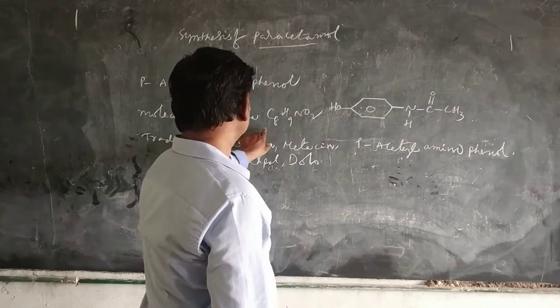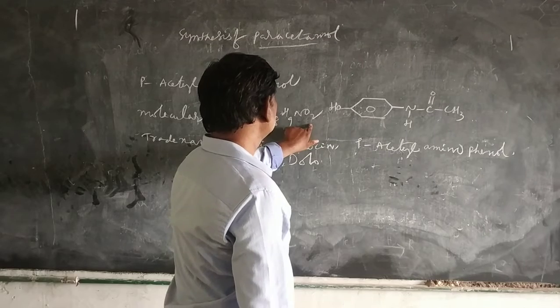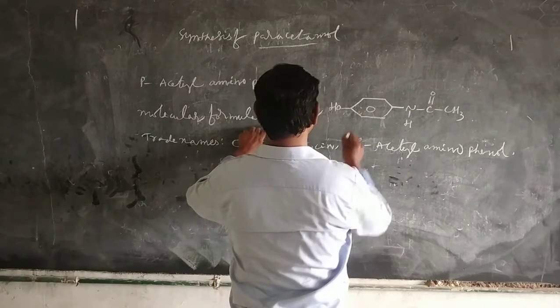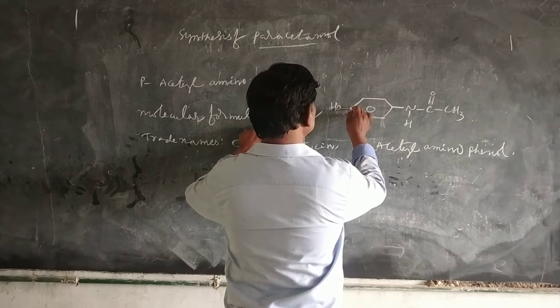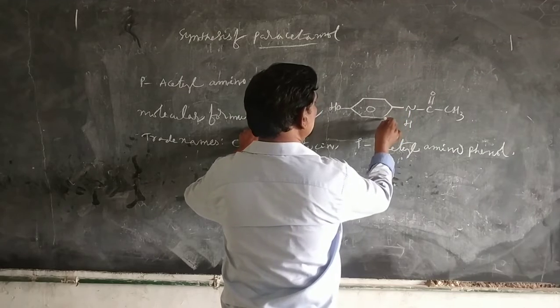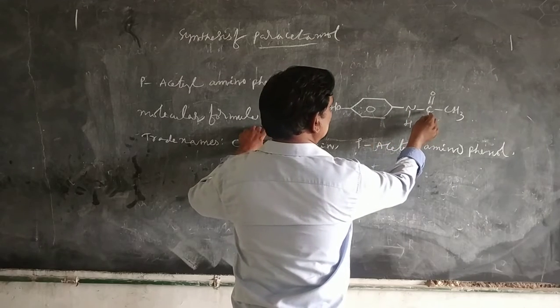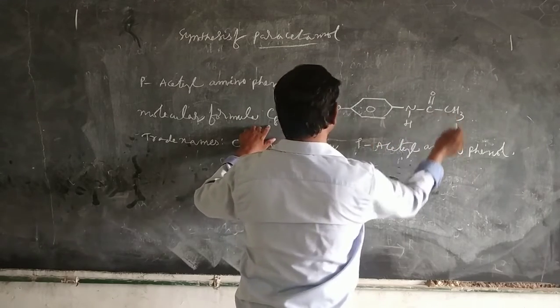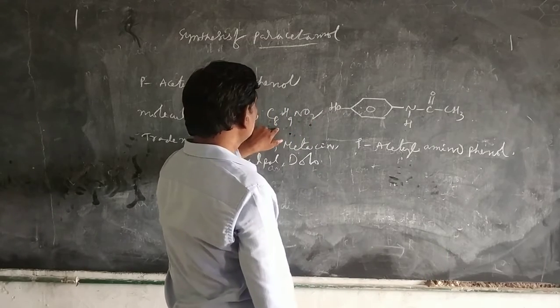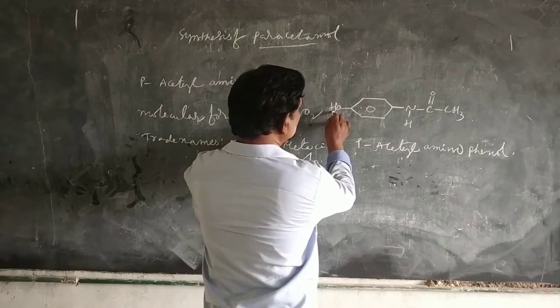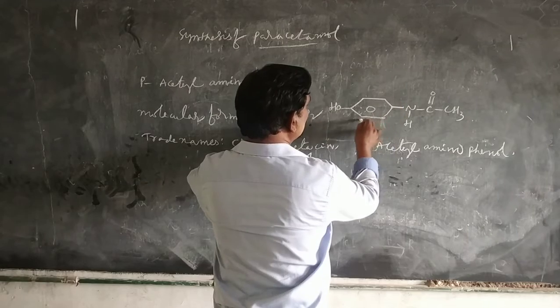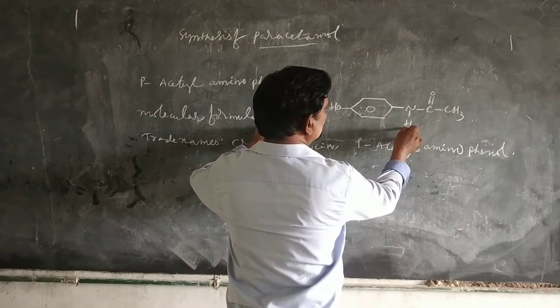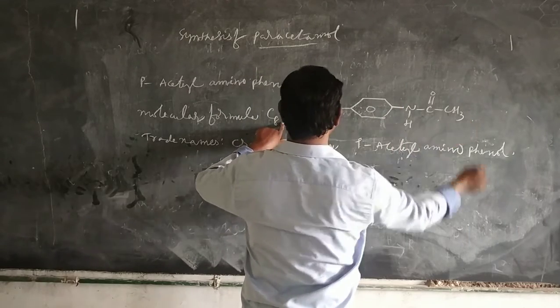So molecular formula C8H9NO2. Let's check the structure. Carbons: 1, 2, 3, 4, 5, 6 and 7, 8, so 8 carbons. Hydrogens: 1, 2, 3, 4, 5, 6 and 9.